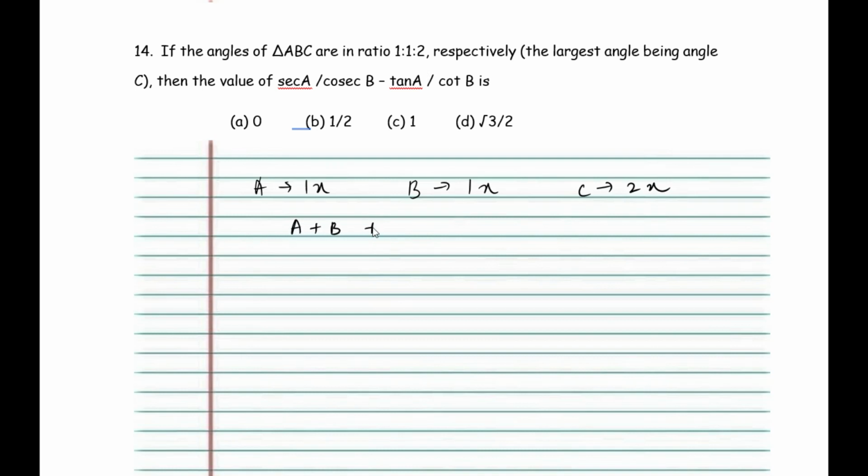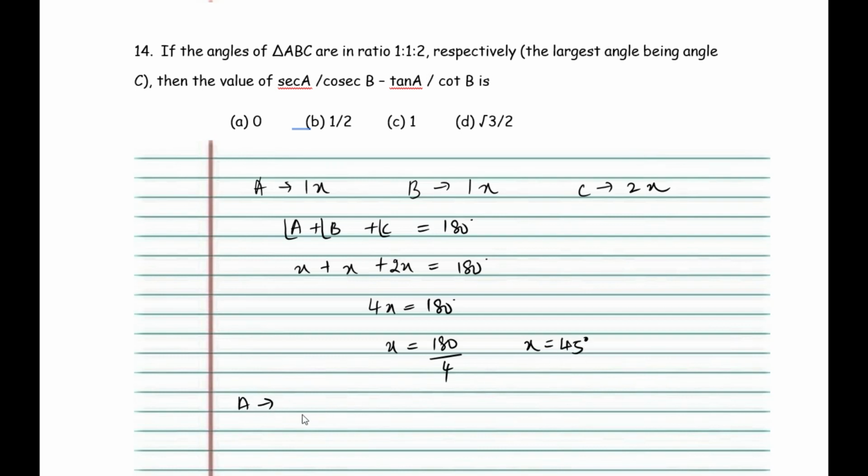Now angle A plus angle B plus angle C is 180 degree. x plus x plus 2x is 4x equals 180 degree. x equals 180 divided by 4, we get x as 45 degree.